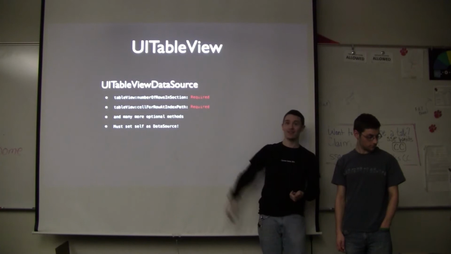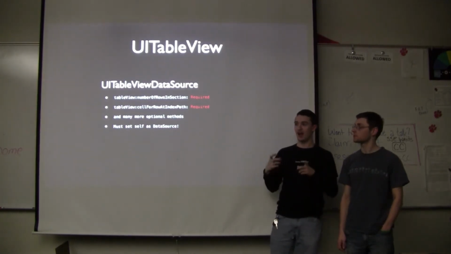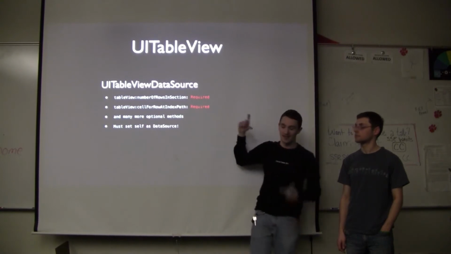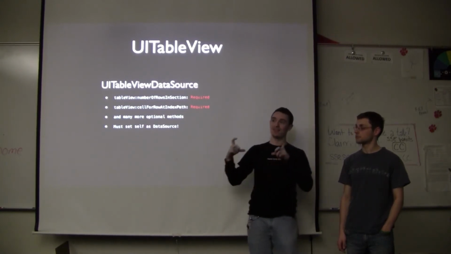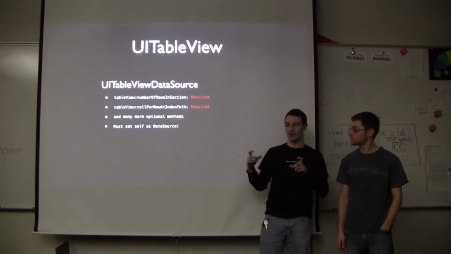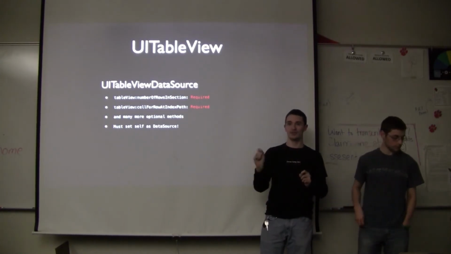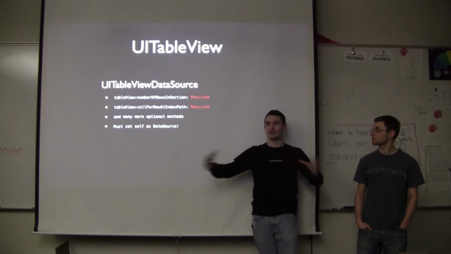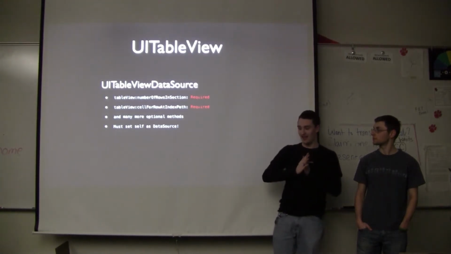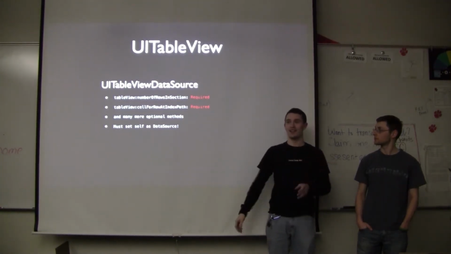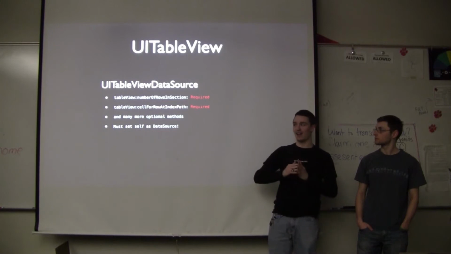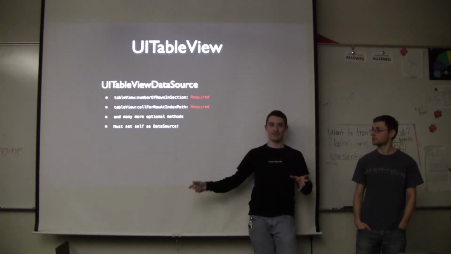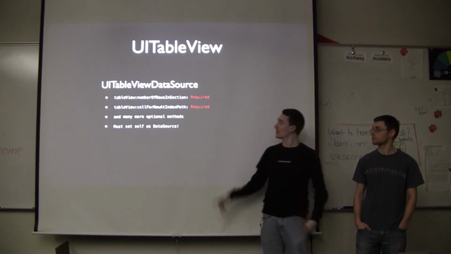An index path is just a nice, because it's called cellForRowAtIndexPath, an index path. An index path is an NSObject way of keeping track of multiple different indexes of an array, or a whole bunch of arrays. Let's say you have an n-dimensional array. That means you need n different indexes in order to get any specific item.